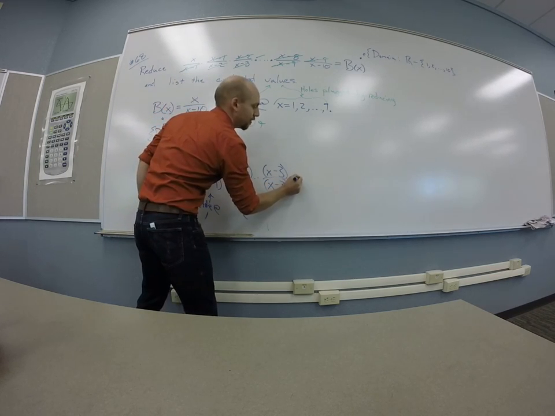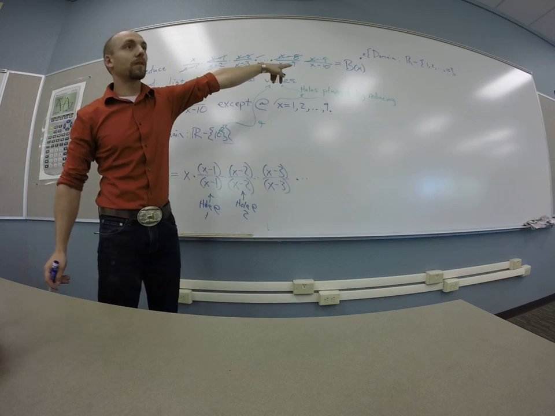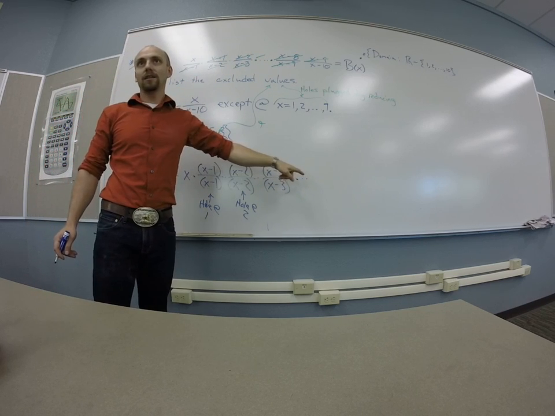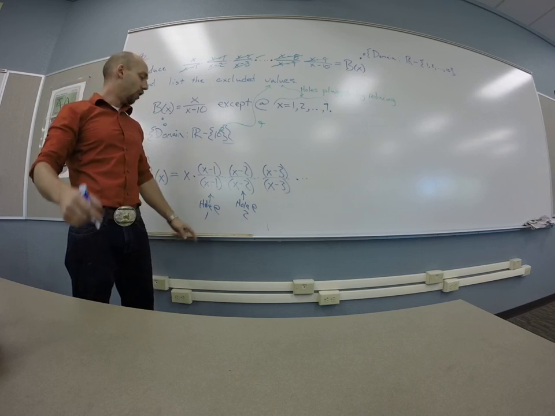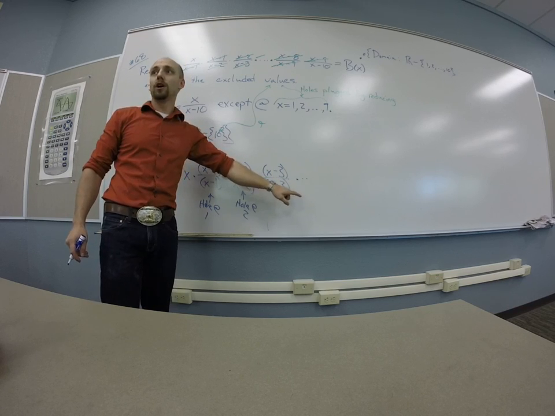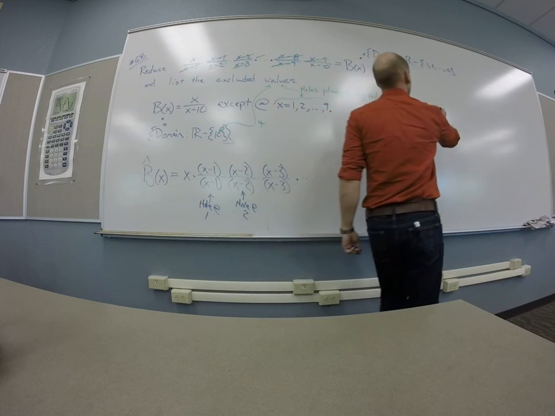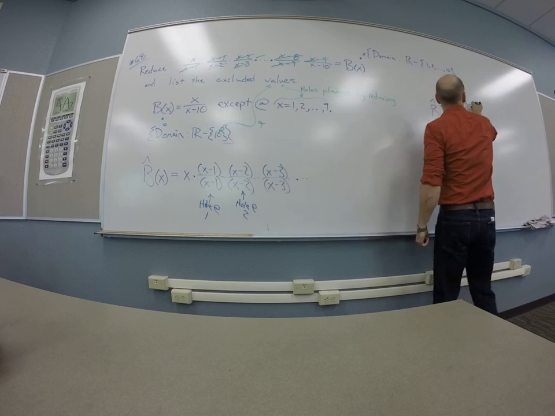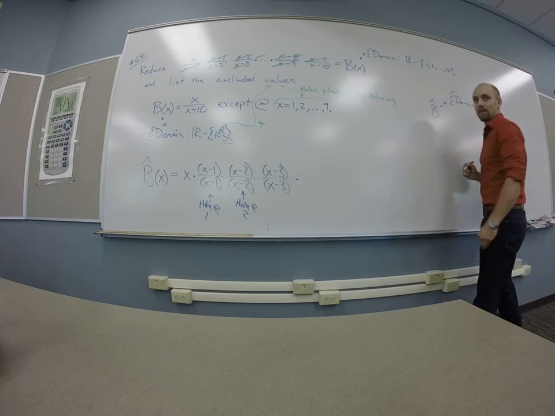So if I just dot, dot, dot this process without letting it end, the book stopped. But if I just dot, dot, dot it, then what have I got? Well, I've punched a hole at every natural number. So all real numbers except for natural numbers. So this guy, B hat, has domain R except the naturals.